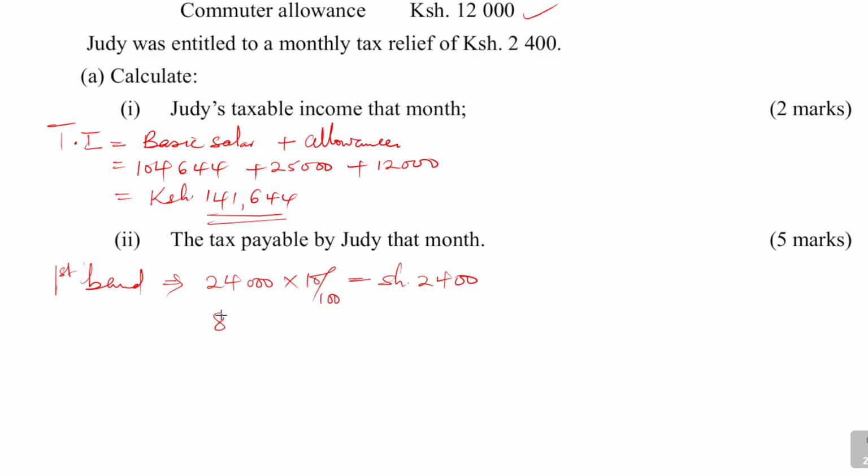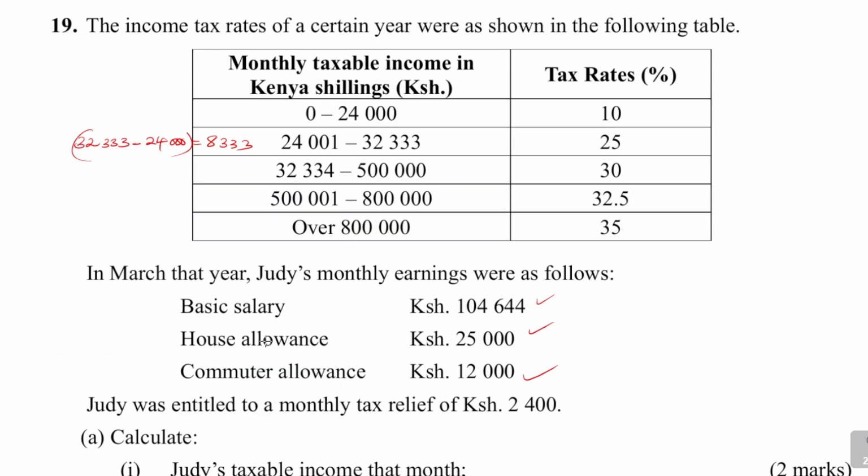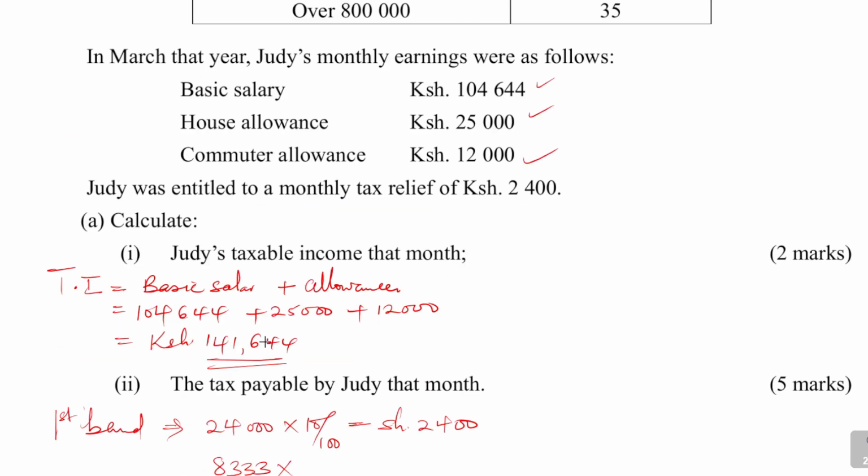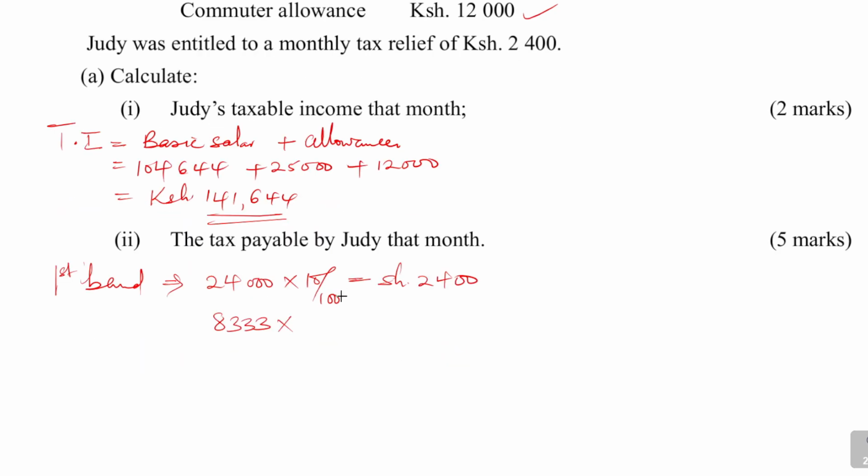And for that band, the taxation is at the rate of 25%. So when you tax these 8,333 times 25%, you'll get a tax of 2,083 and 25 cents.